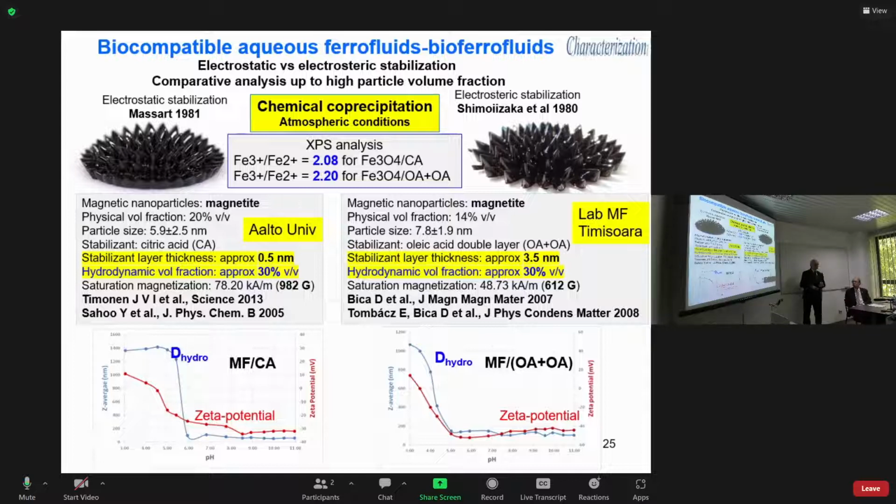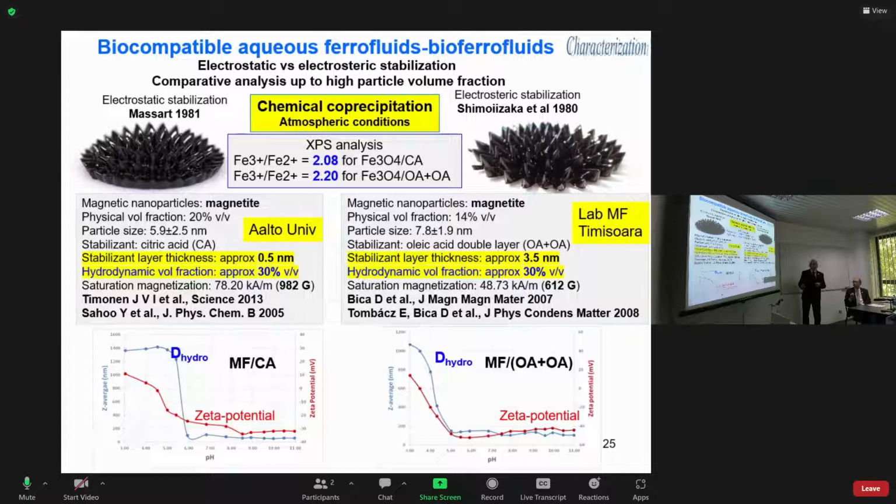Actually, Professor Massart from Paris invented this in the early 80s. And our ferrofluid, which originates from Shimoiizaka from Japan, the so-called double layer stabilization mechanism, I already showed you. So these two very different and competing procedures, now we have to compare.